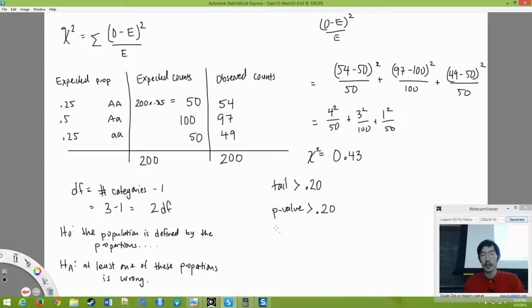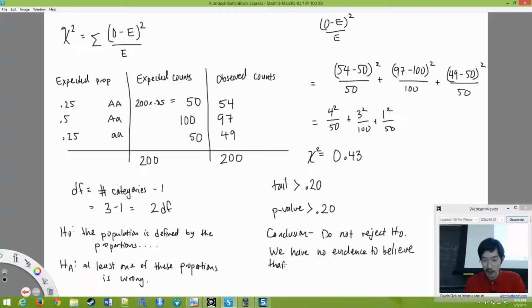Okay. And so with my p-value being greater than 20%, our conclusion is do not reject the null hypothesis. And we would say we have no evidence to believe that any of the defined proportions are wrong.